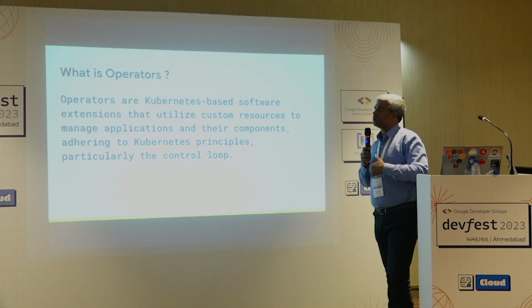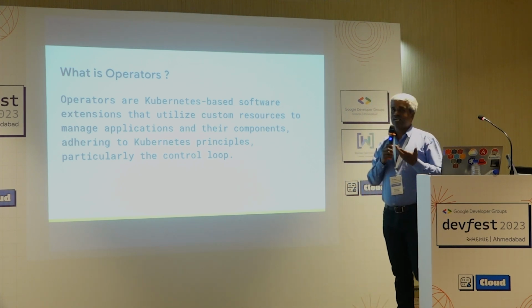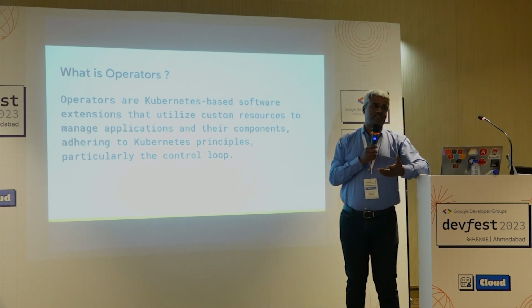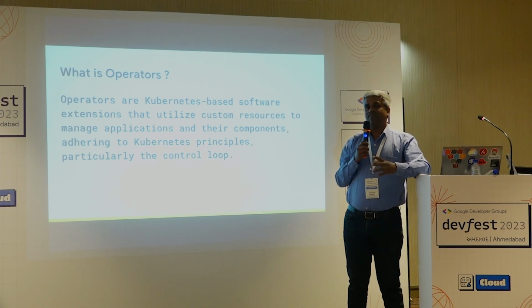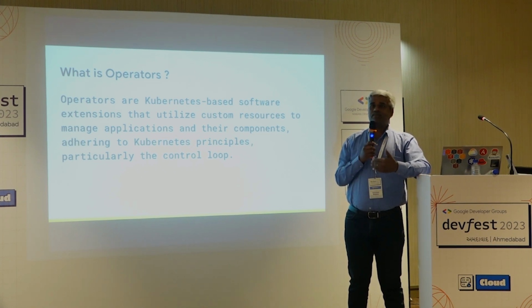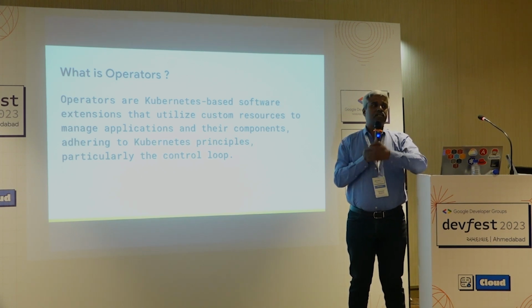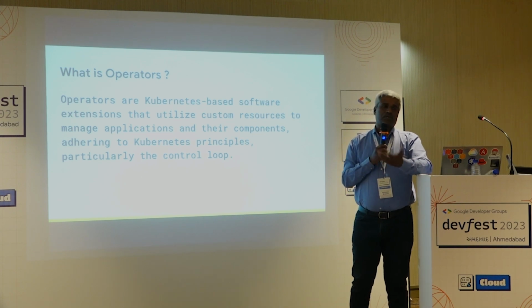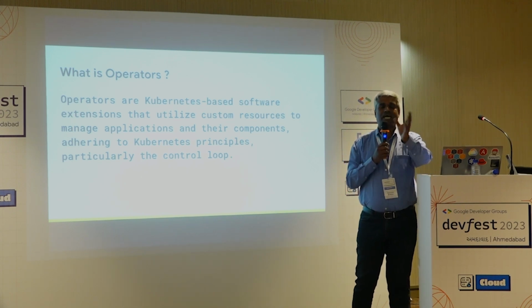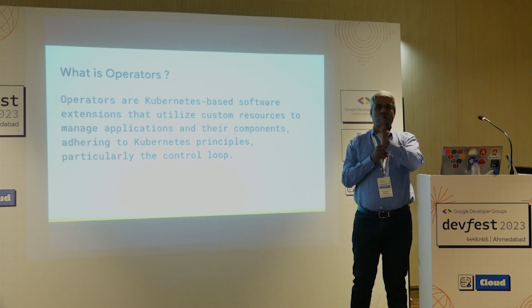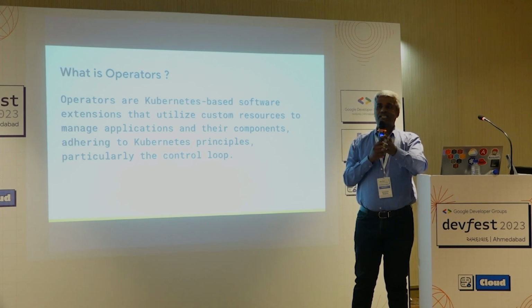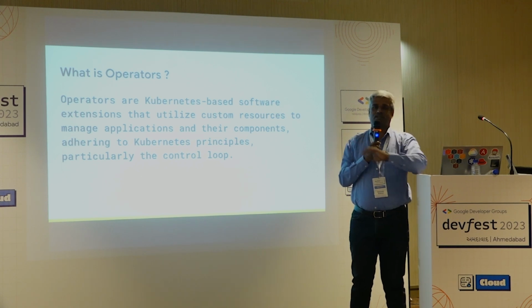No? Great. So operators. Operators are Kubernetes-based software extensions. In layman's terms, I will say a kind created by you using a custom resource. So you say kind Pod, kind Deployment, kind Service, like that you say kind VolumeSnapshot.